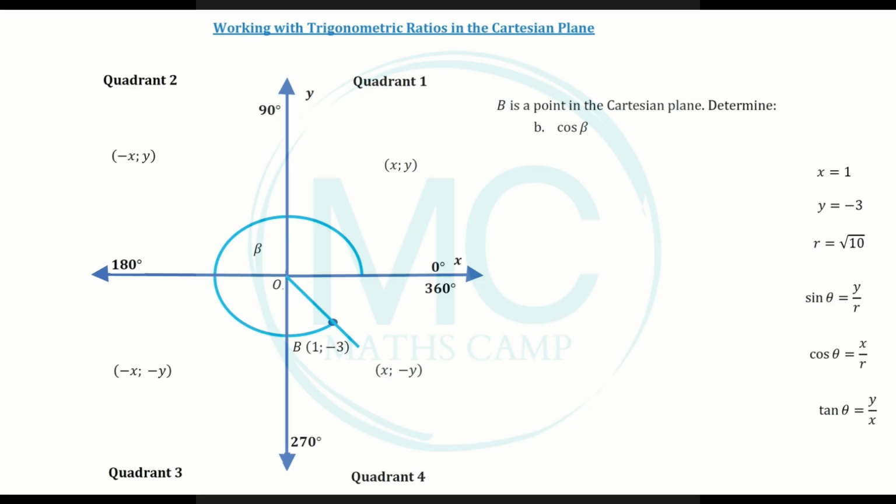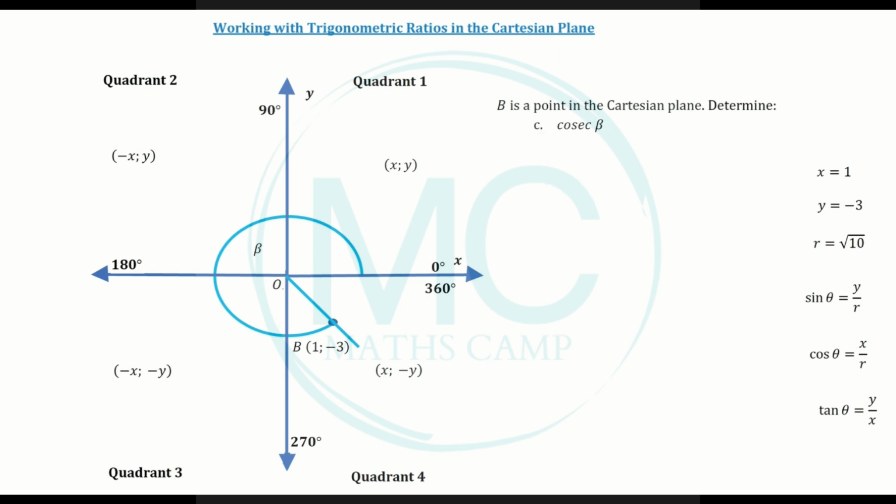Cos theta is equal to x over r. So in this case, x is 1 and r is equal to root 10. So now we can say cos, in this case our angle is beta, is equal to x, which is 1, over the value of r, which is root 10. This is our answer.